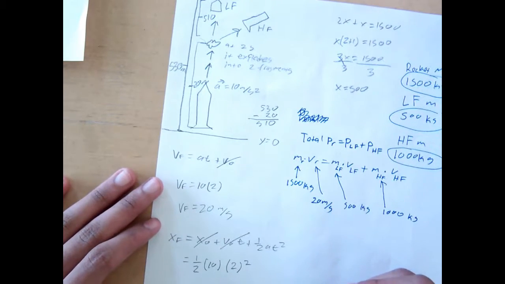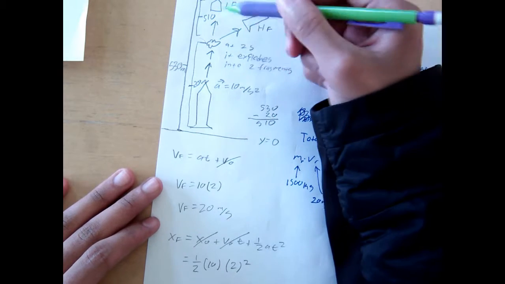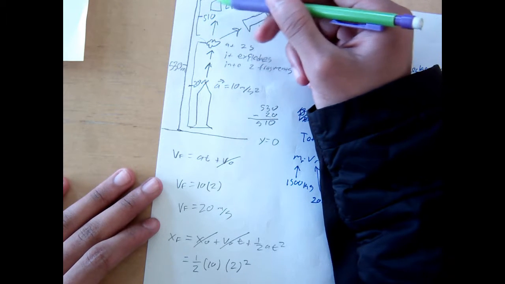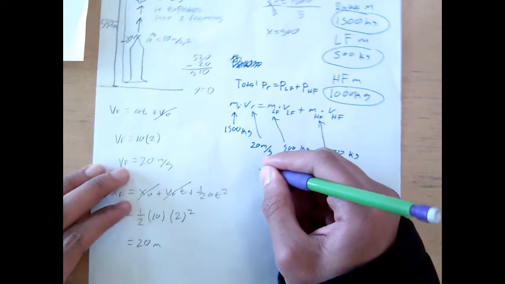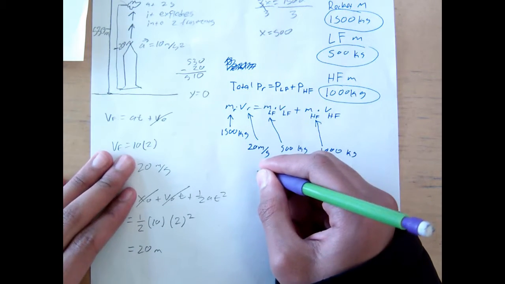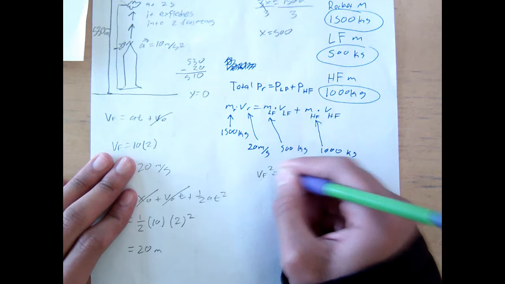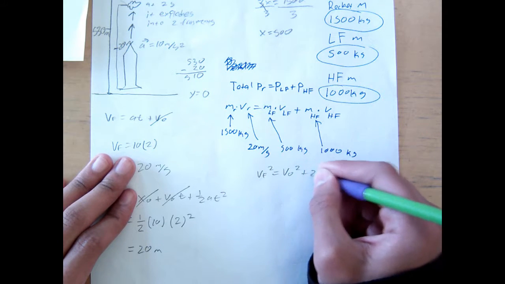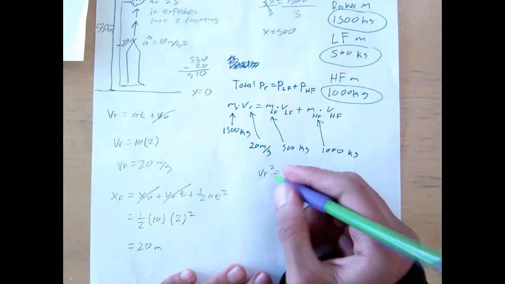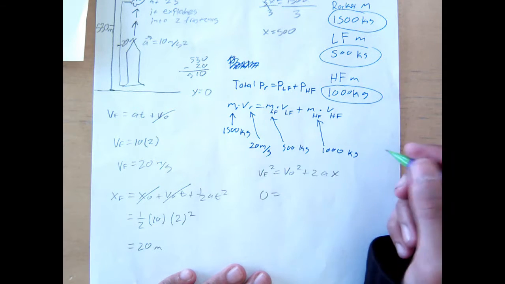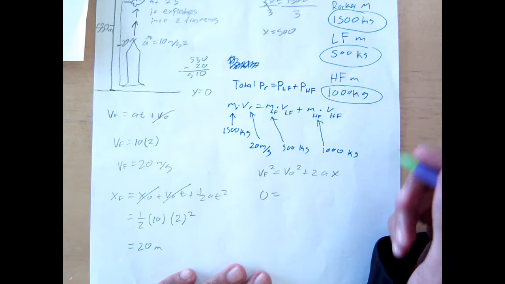So now that we have the distance from the explosion to the lighter fragment's max height, we can use the equation final velocity squared equals initial velocity squared plus 2ax, and the final velocity will be 0 because it reaches its maximum height, and for that split second it won't be moving.